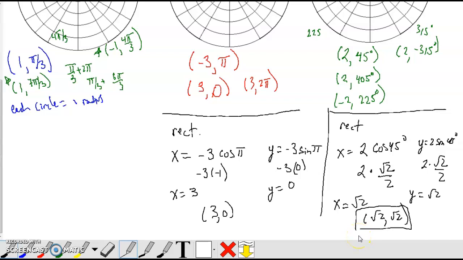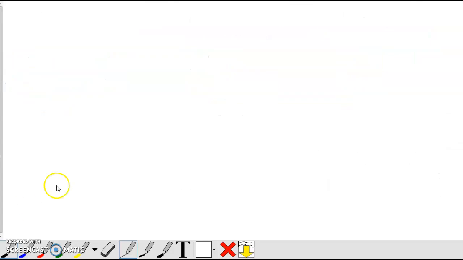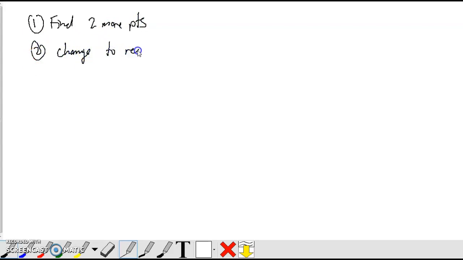Okay. So let's do a few more, and for these, let's come back to this page. For these ones, we won't plot or anything. We're going to find 2 more points, and then change to rectangular coordinates. If you want to go ahead and plot these as well, by all means, please do so, but you don't have to.